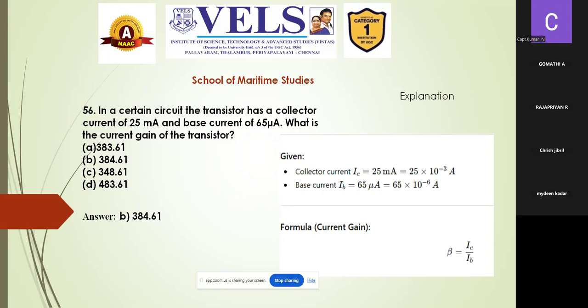The ratio between the collector current and base current is called the current gain. So the current gain of the transistor is equal to 25 into 10 power minus 3 divided by 65 into 10 power minus 6. The answer is 384.61. This is the current gain of the transistor.